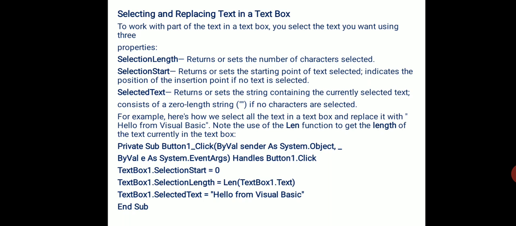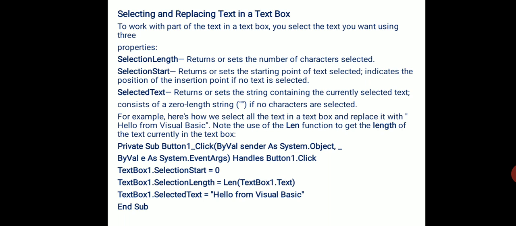So TextBox1.SelectionStart = 0 means the selected text of text box 1 starts at 0. Selection length is the length of the text in text box 1, the length of the text which is there in text box 1.